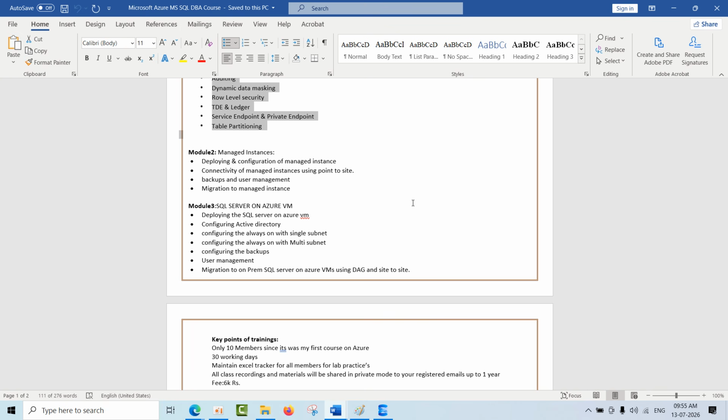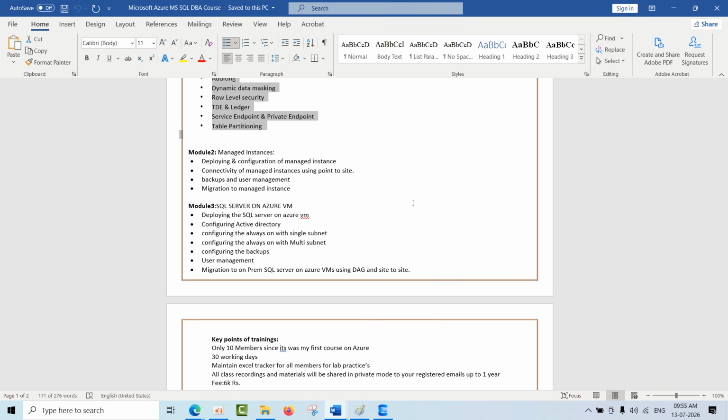To answer your question, I'm asking the same question to you. Forget about Azure. Can I do the same thing on-prem? Can I migrate 2012 to 2022? Sir, there are some step-up migrations. For example, I will show you one document.